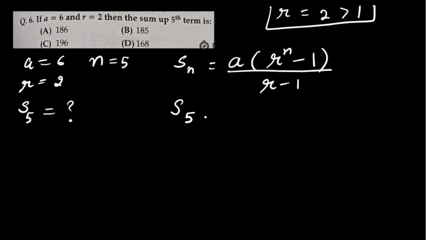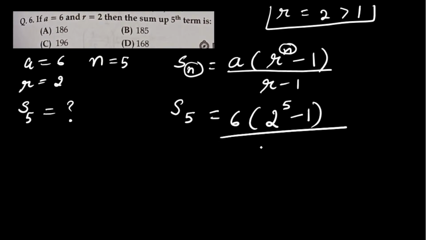So S5 is equal to A's value 6, then R's value 2, and n's value is 5, the same will come here also. So 2 to the power 5 minus 1 by 2 minus 1, because R's value is 2.